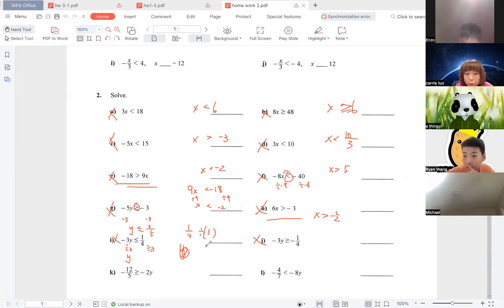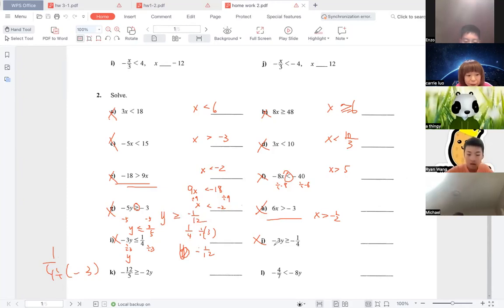Enzo? 1/4 divided by -3 equals what? Equals 3/4. No, equals -1/12. It's not times 1/3, and it's negative, by the way. Get it? Yes. Okay, so the answer is y is bigger than or equals to -1/12.